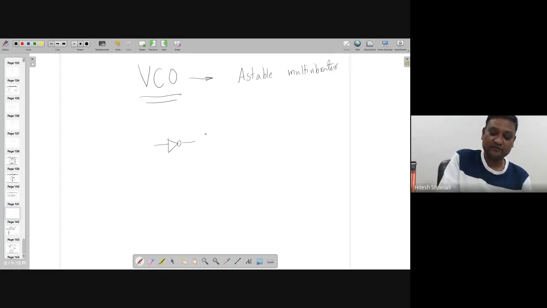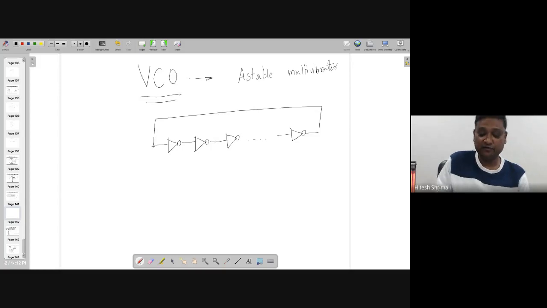You can have an odd number of inverters and keep them in negative feedback. Look at this. This is a negative feedback. An odd number of inverters, and it's a negative feedback.